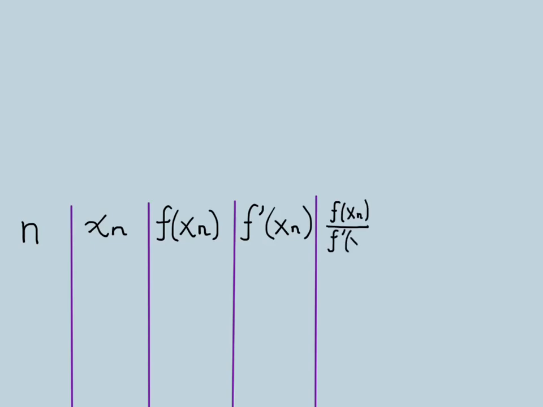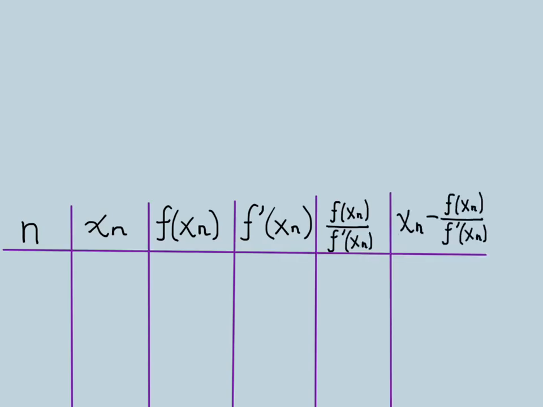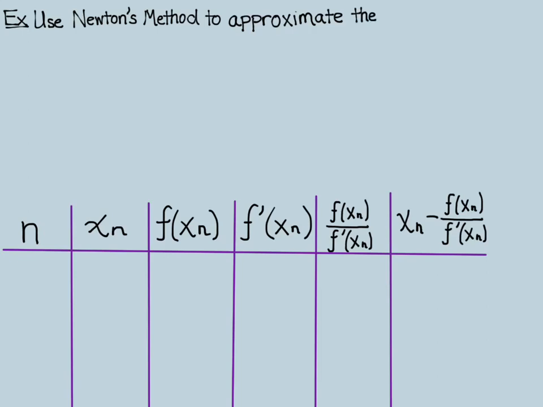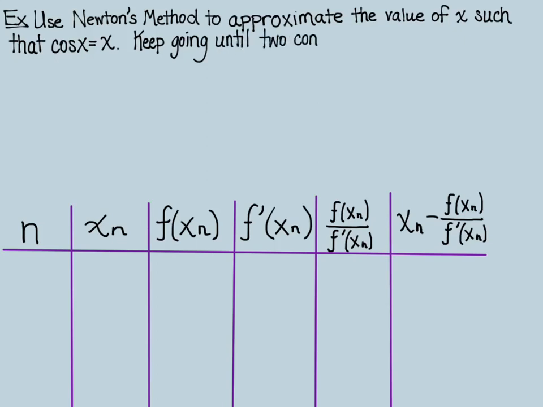Repeating the chart again, let's try another example. Let's use Newton's method to approximate the value of x such that cosine of x equals x. And this time we'll keep going until 2 consecutive guesses differ by less than 0.0001.